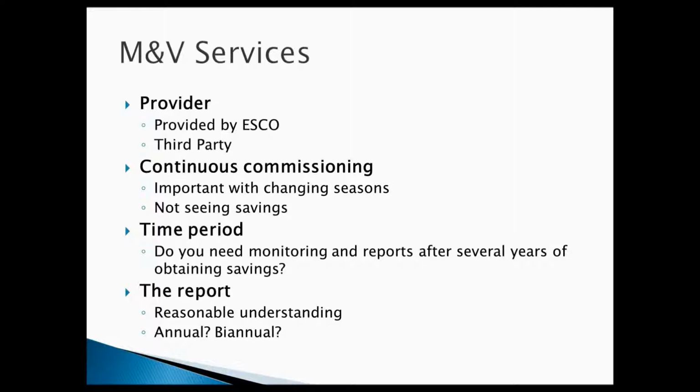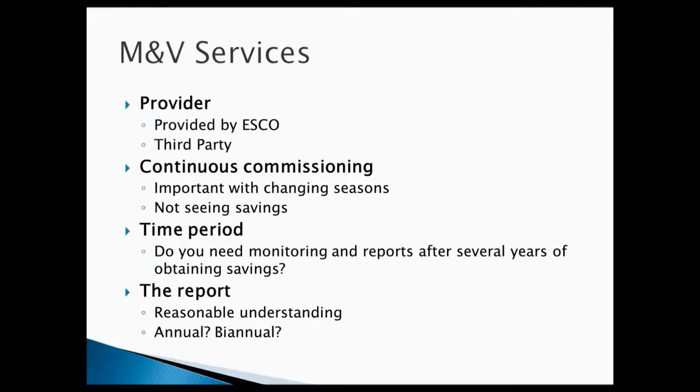One of the things you want to look at when you're talking about measurement and verification is continuous commissioning. I think it's important to have continuous commissioning as an ECM in your project.